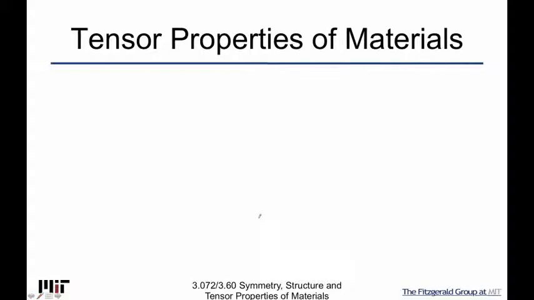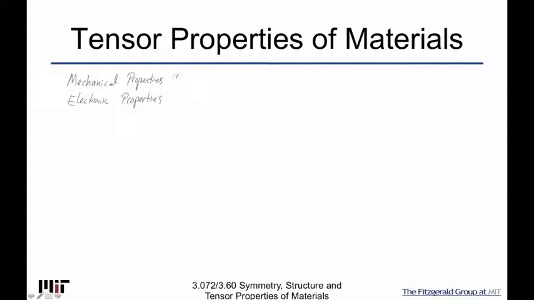So let's just start with just a little introduction here. The kinds of properties we'll be talking about, of course, the classic one, which is often used as tensors, are mechanical properties. The other very, very common one are electronic properties.